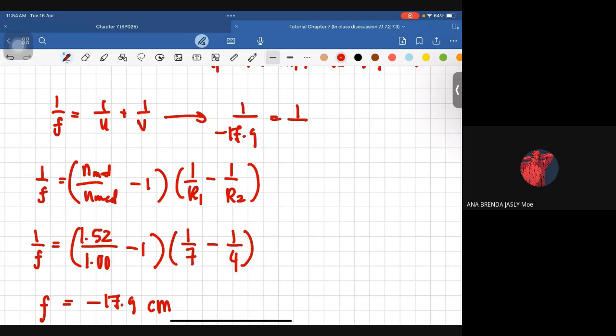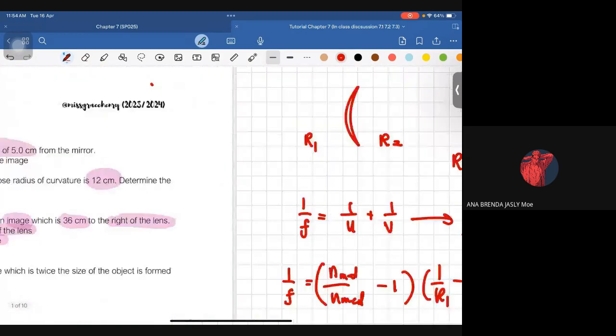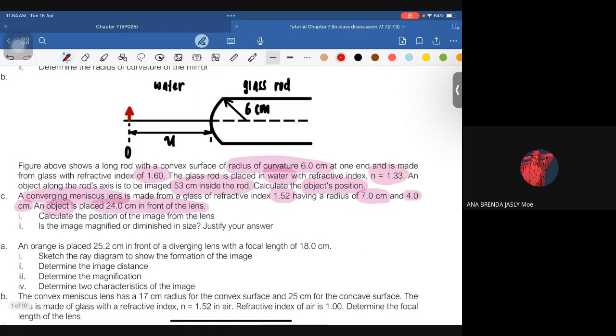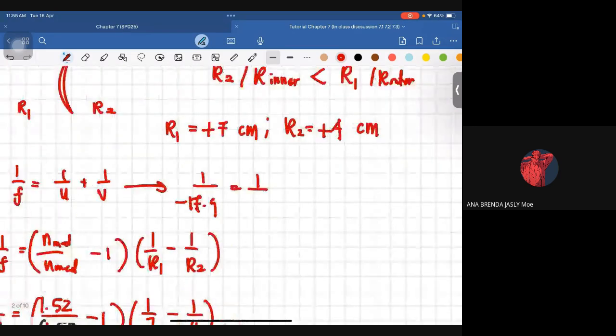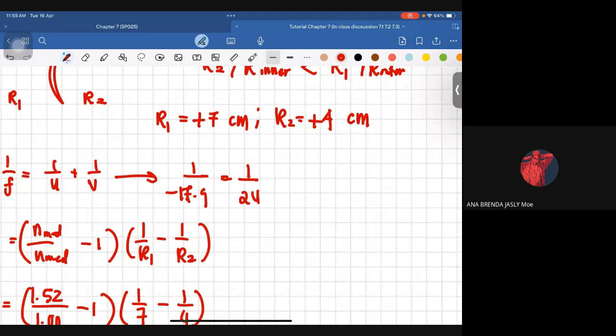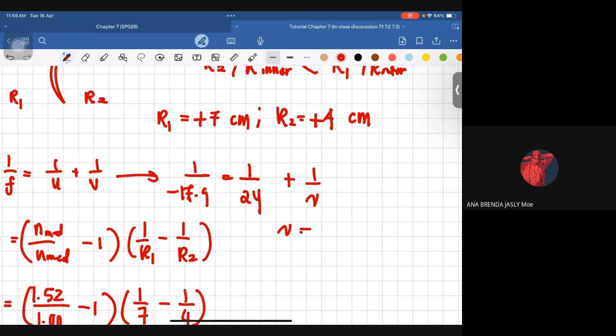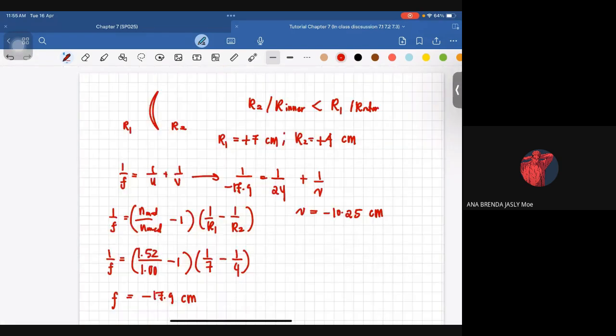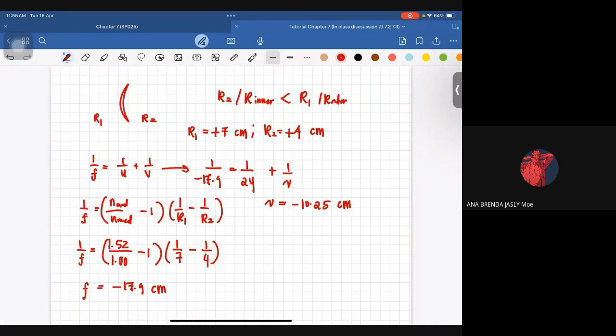U is 24 centimeter. So this is 1 over f equals 1 over 24 plus 1 over v. So the image distance is equal to negative 10.25 centimeter. Okay, so that is the image distance lah.